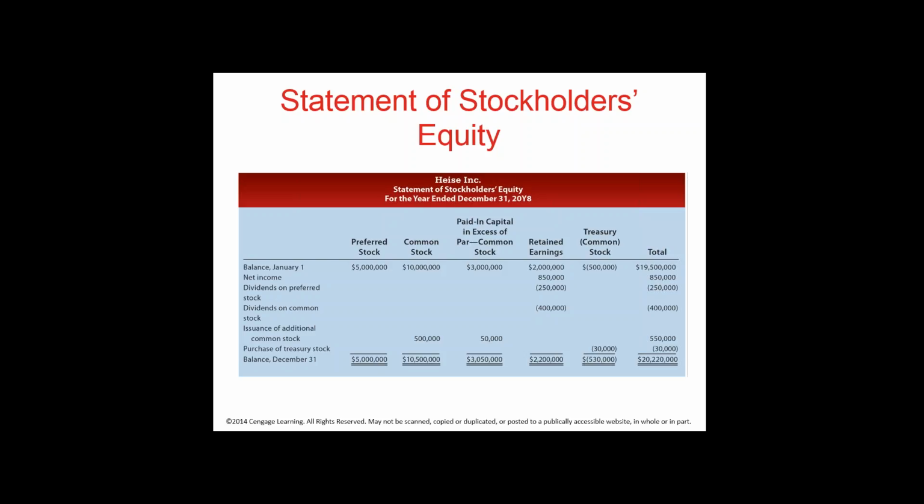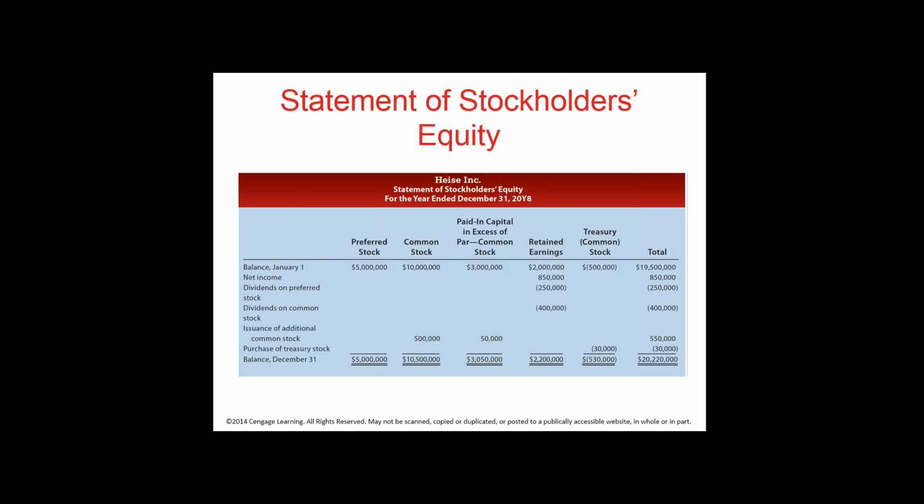Now, there is a statement of stockholders' equity that gives more detail. Why did it change from last year to this year? And in this case, you can see that we issued 500 shares of common stock, $500,000, and we have some additional paid-in capital.